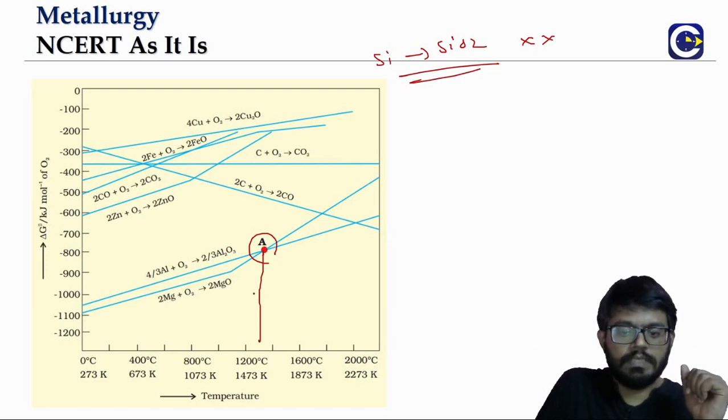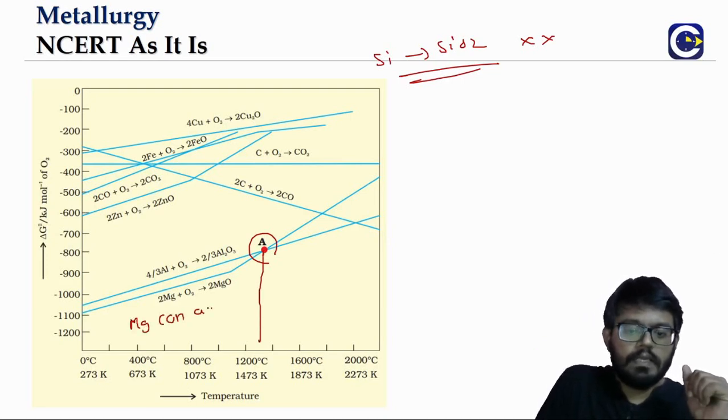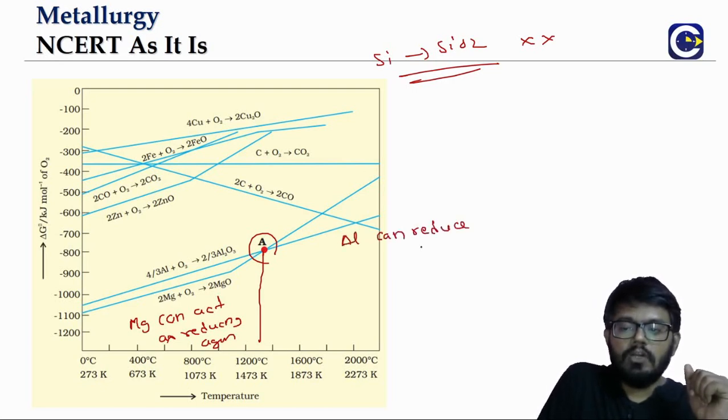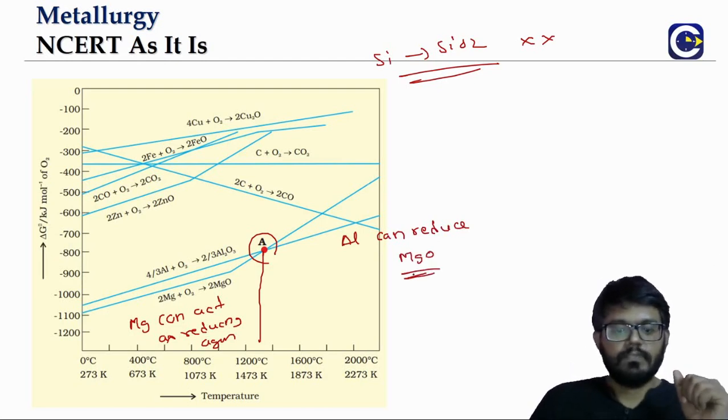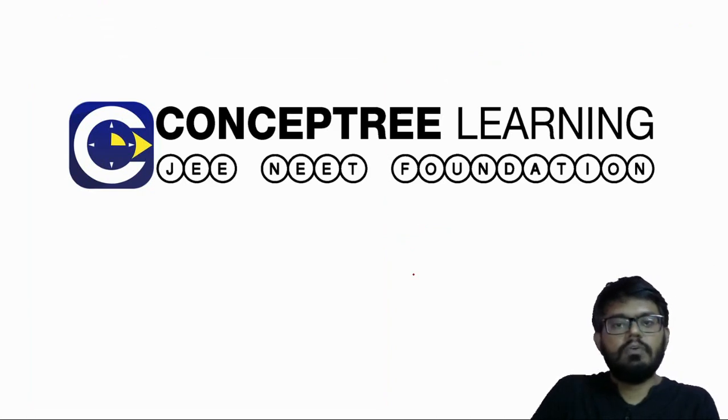This is the crossover temperature. Below the crossover, magnesium can act as a reducing agent. Above the temperature, aluminum can reduce magnesium oxide, like that. Okay. So this is about the part 3 video, and we will see in the next part, the 4th part.